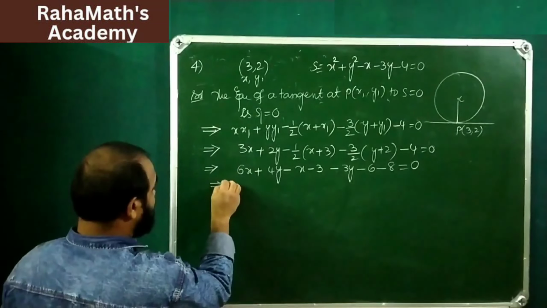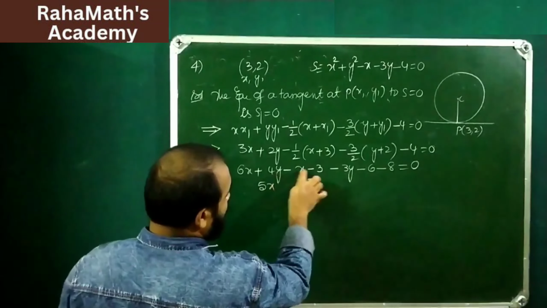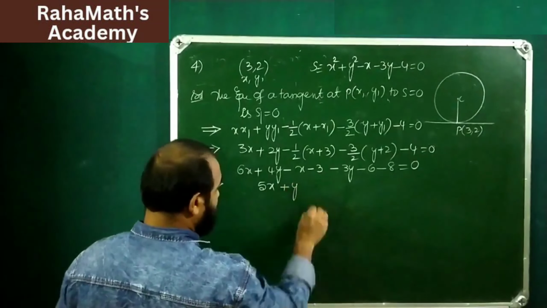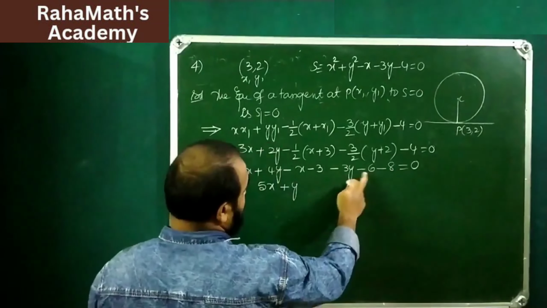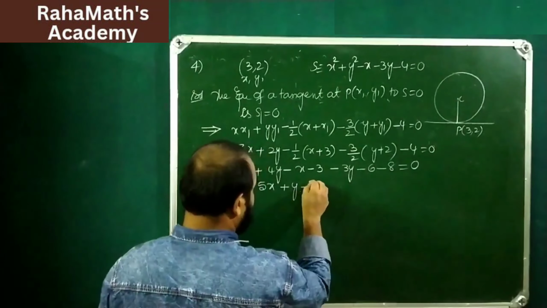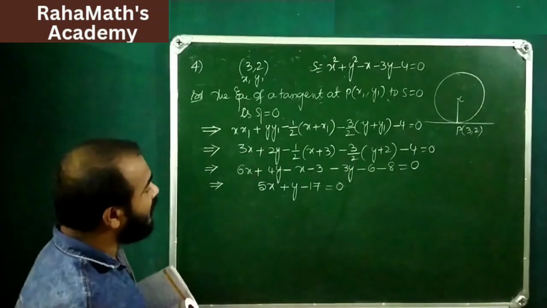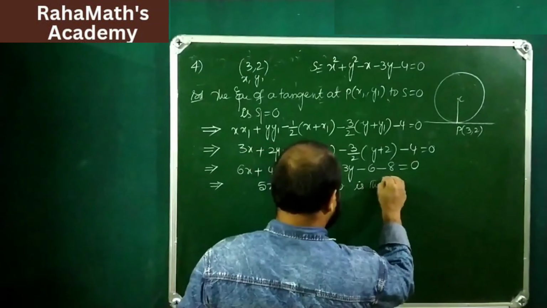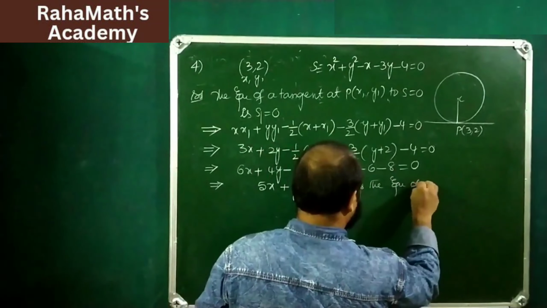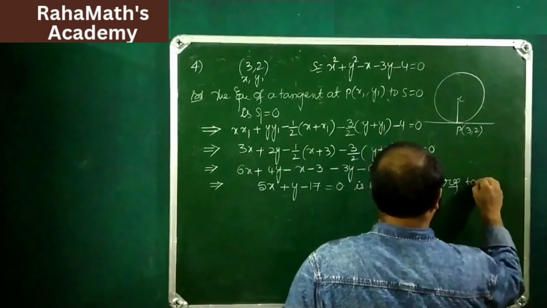So here 6x minus x is 5x, 4y minus 3y is y, minus 6 minus 8 minus 3, minus 9 minus 8, minus 17 equals 0 is the equation of the required tangent.